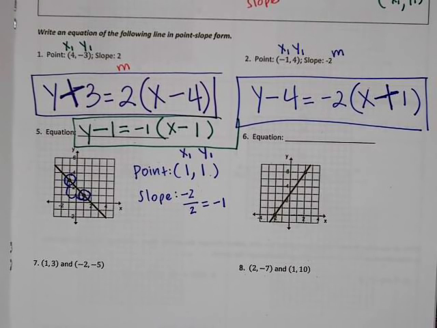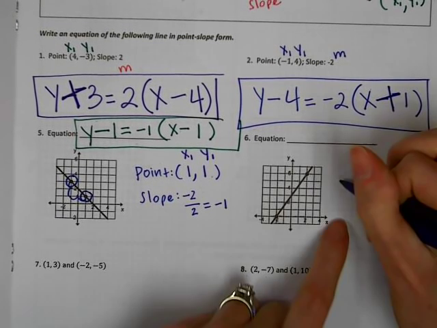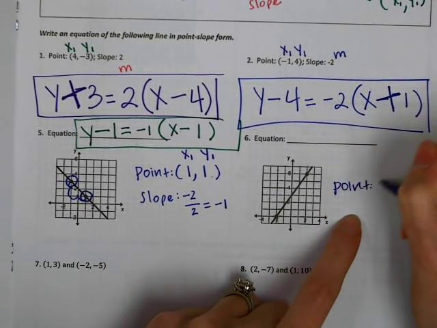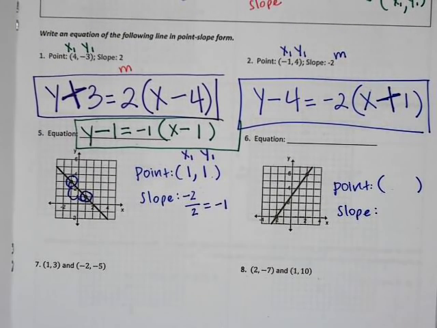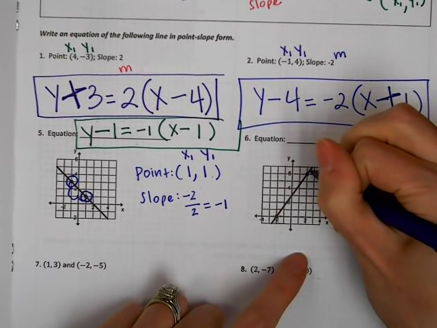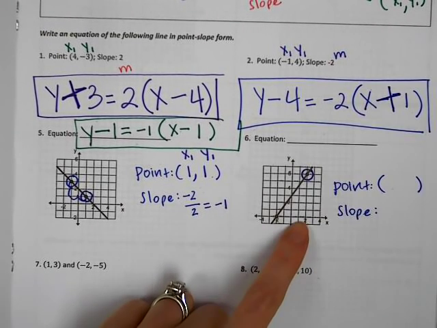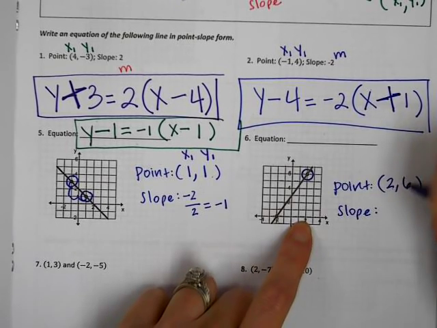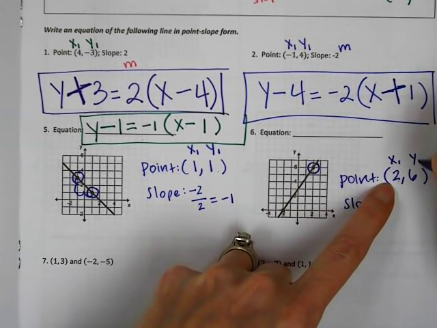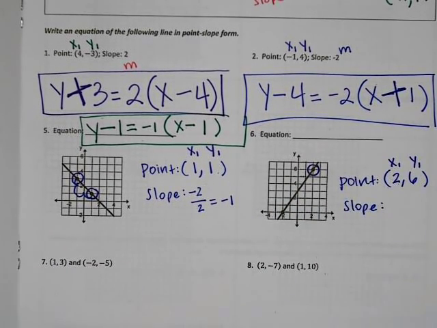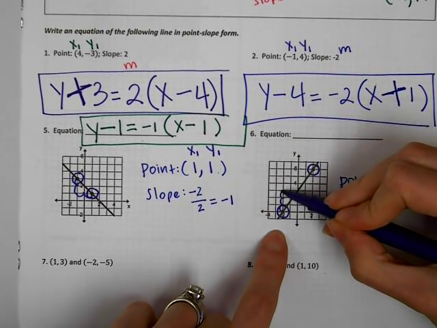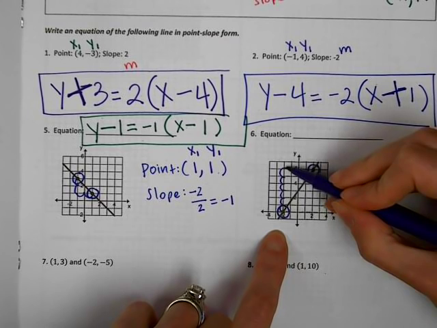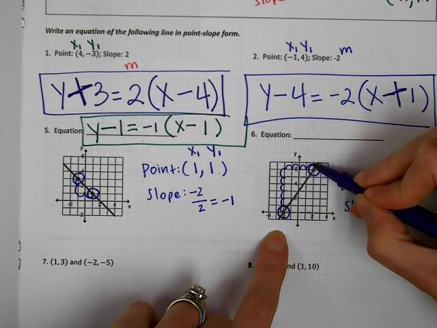Okay, let's try number 6. Again, in order to use point-slope, we need the point and we need the slope. This time I'm going to pick this point, and that's at 2, 6, so that's our x1, y1. And then for slope, I need to count rise over run. We're going up 1, 2, 3, 4, 5, 6 over 1, 2, 3, 4.